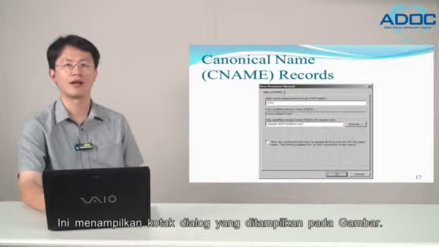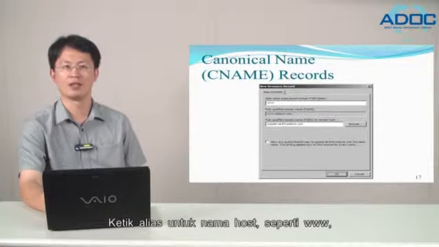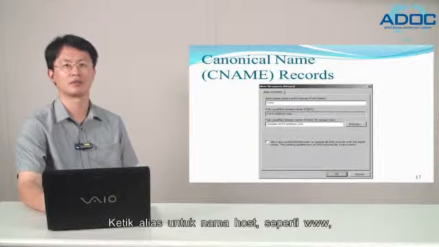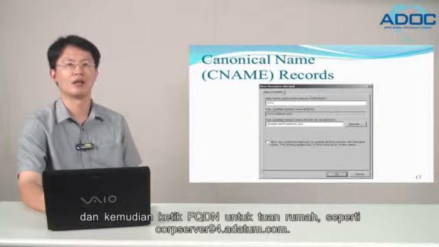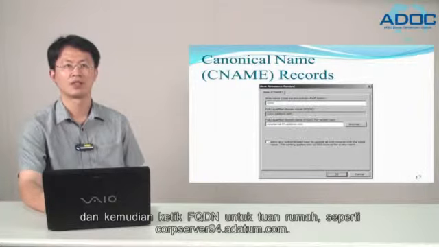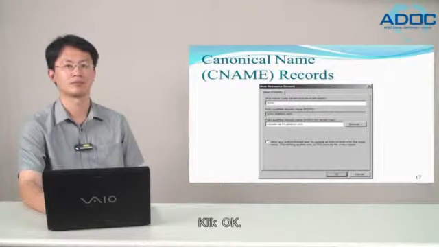This displays the dialog box shown in the figure. And type the alias for the host name, such as www. And then type the FQDN for the host, such as copserver94.adaton.com. Then click OK.